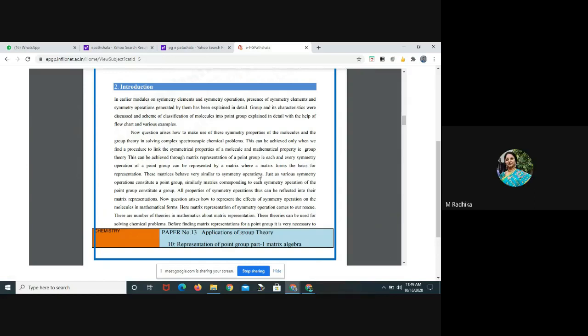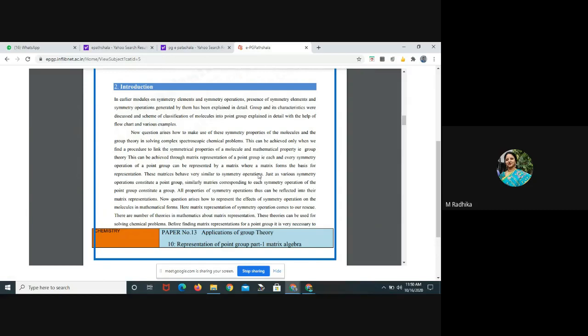Now we will be talking about group theory. We link these symmetry elements and point groups to group theory, and from group theory you are going to apply it to spectroscopy. To solve some spectroscopy problems you require group theory.